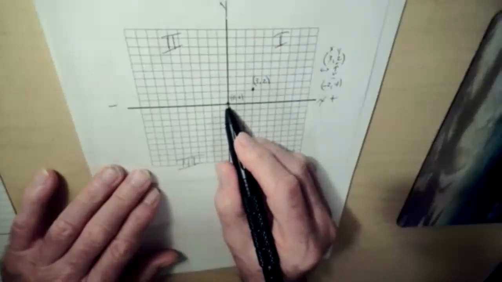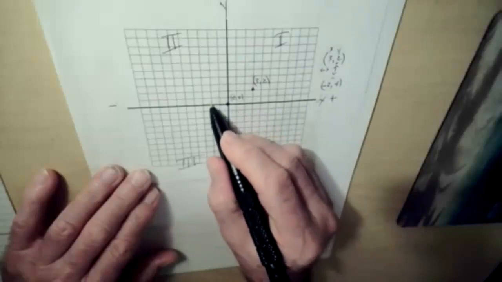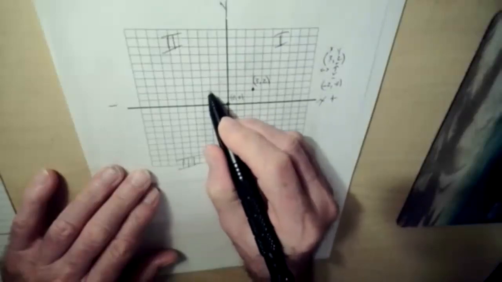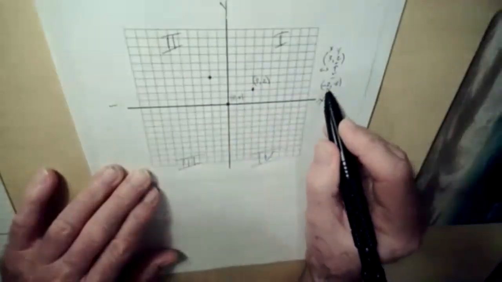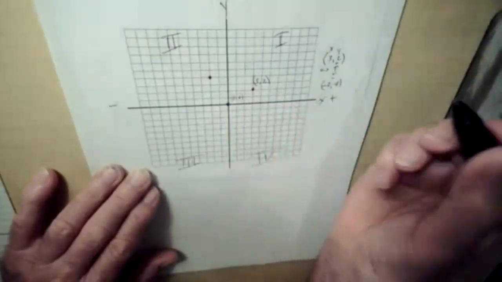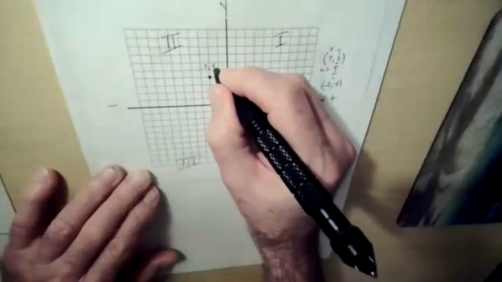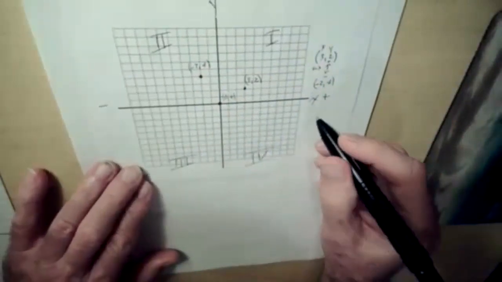We typically start here. We go to the left 2 because it's negative. 1, 2, and up 4. 1, 2, 3, 4. Okay. The left 2, 4. This is negative 2, 4.